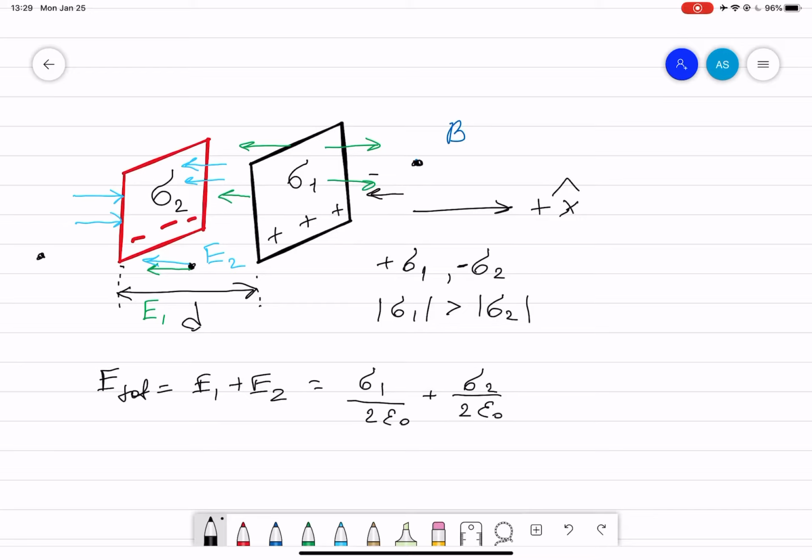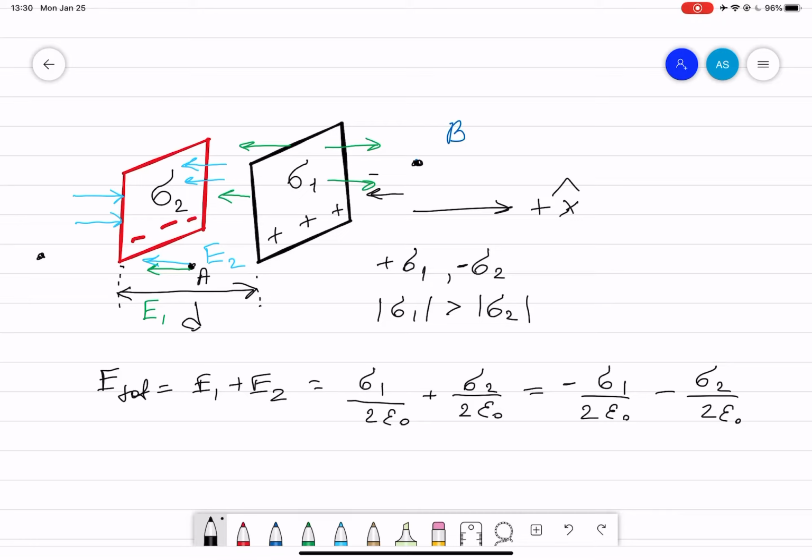As I said, whatever electric field is pointing to the left side will be negative. So at point A, sigma 1's field is pointing to the left, so it is negative sigma 1 divided by 2 epsilon naught. For sigma 2 at point A, it is again pointing to the left side, so it is negative sigma 2 divided by 2 epsilon naught. If you have the values, you can plug them in and get the answer.